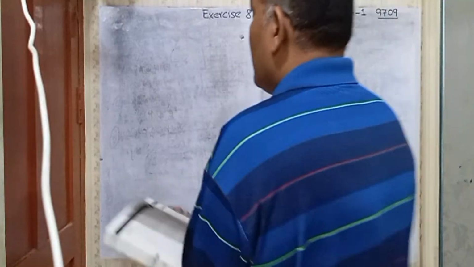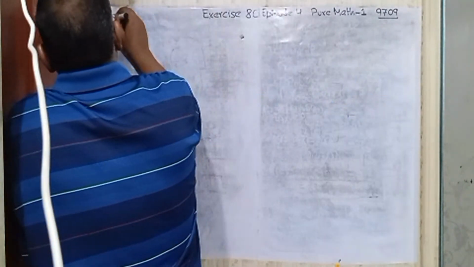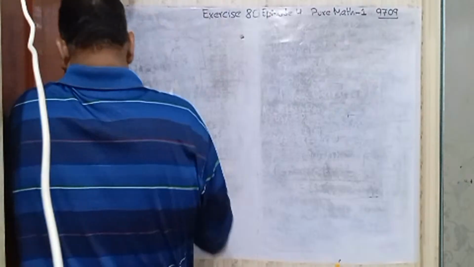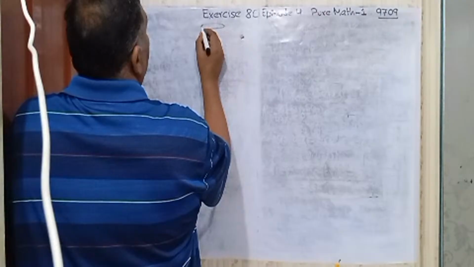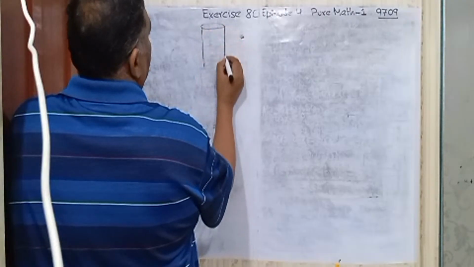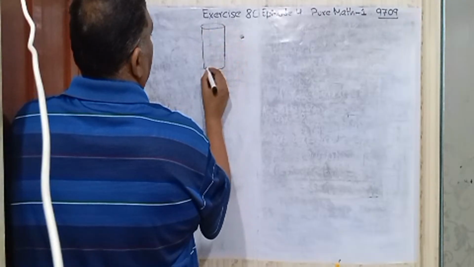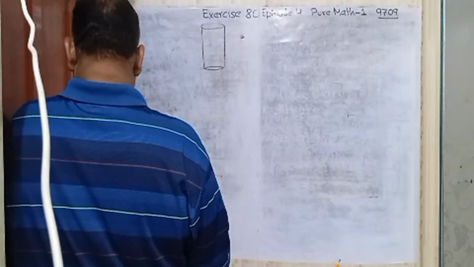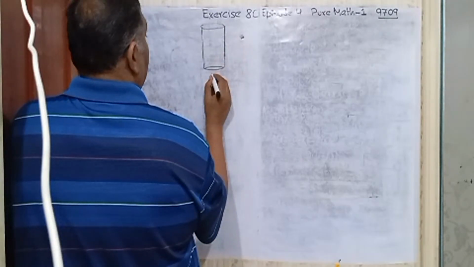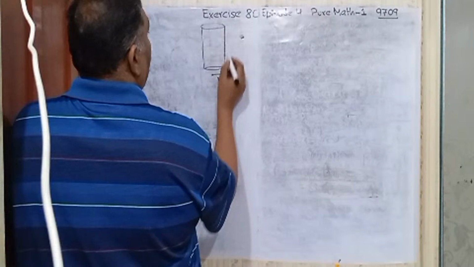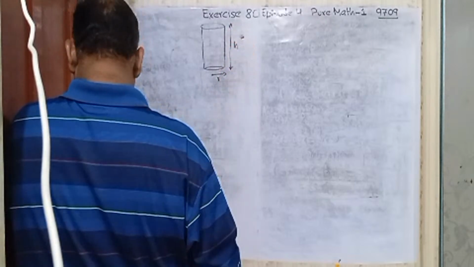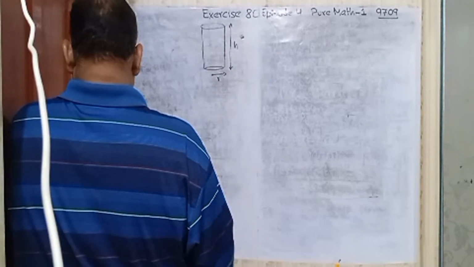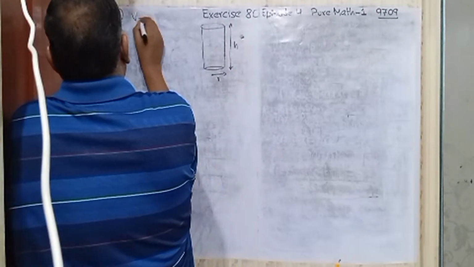Okay, so we have question number 12. And they are talking about a cylinder. The cylinder has a radius r. Its radius is r, and the height is h. And he says the volume of the cylinder is given.